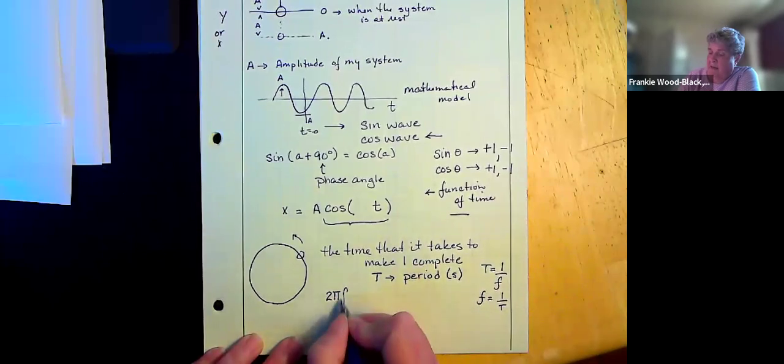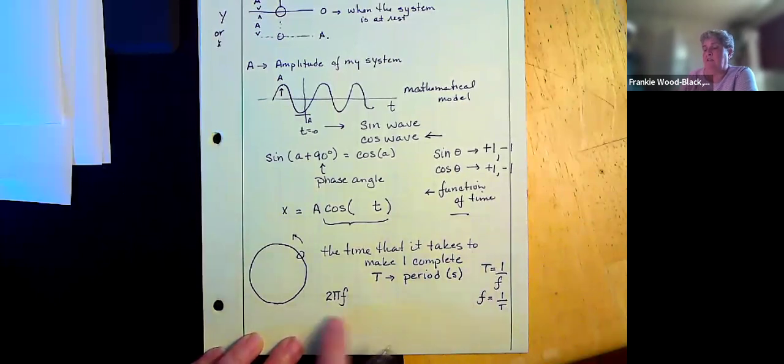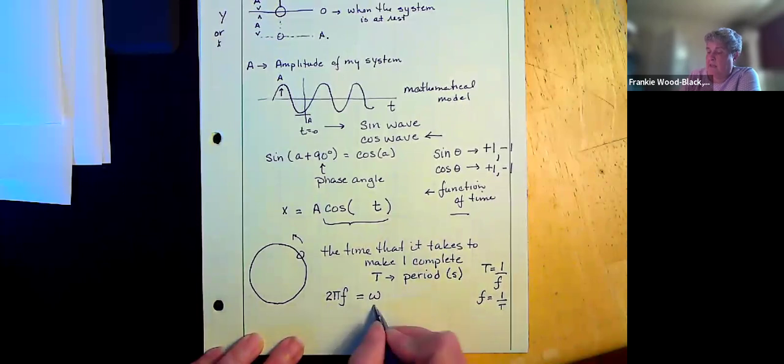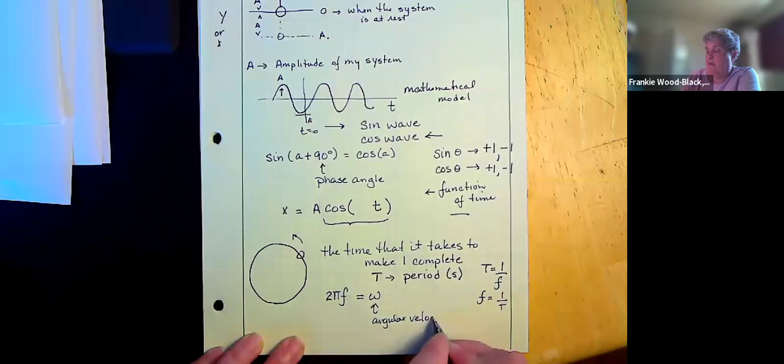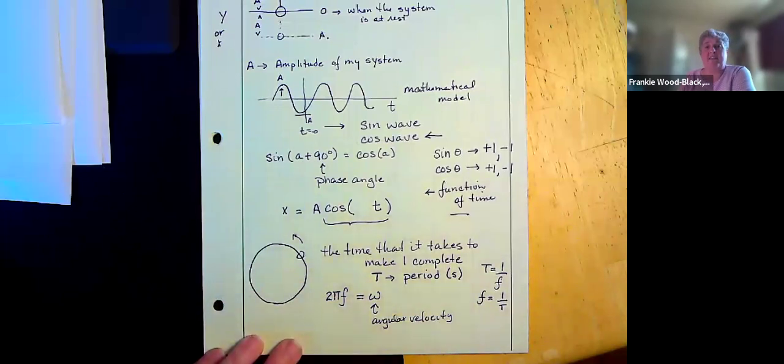So 2 pi times the frequency is going to give me our angular velocity, or it's going to describe how fast my object is going around the circle.